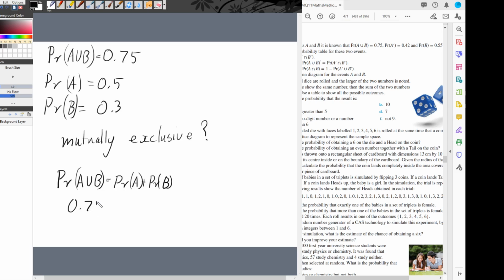So 0.75 is equal to 0.5 plus 0.3. 0.75 is equal to 0.8. This does not work. Because these two are not equal, we know that the answer is no. If they did equal the same thing, then they would be mutually exclusive.